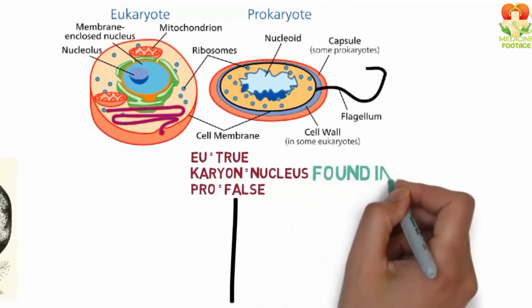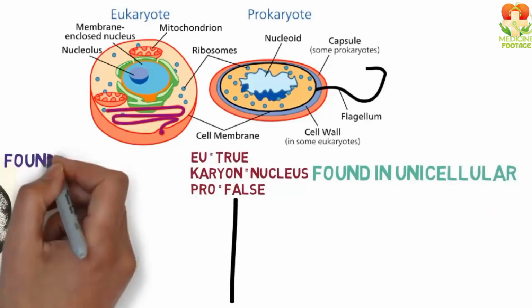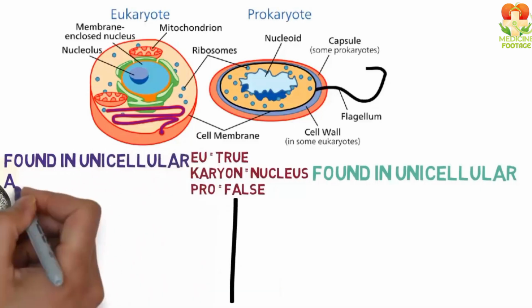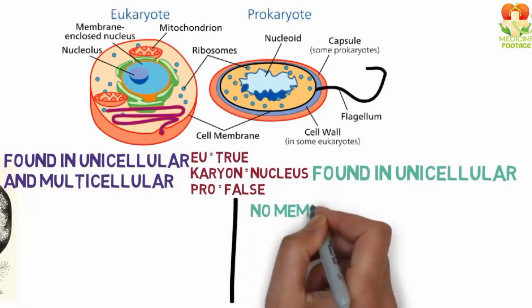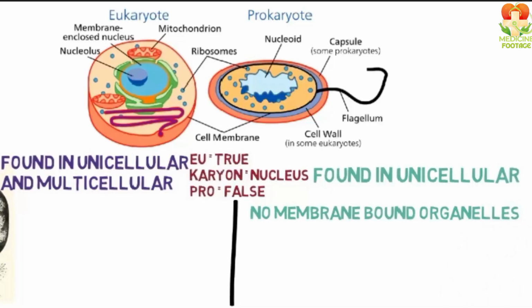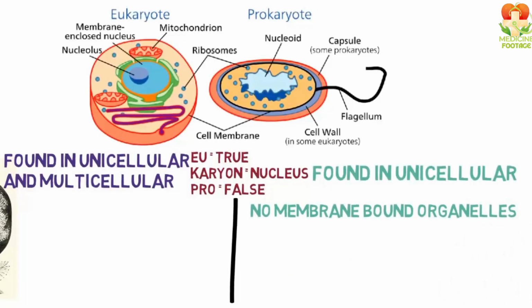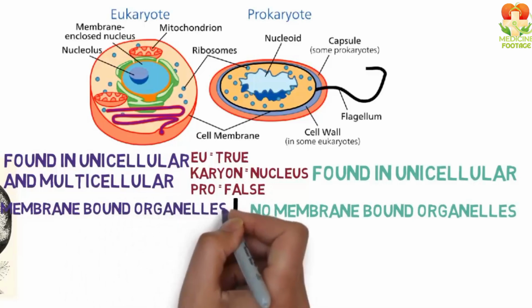Prokaryotic cells are found in unicellular organisms. Eukaryotic cells are found in both unicellular and multicellular organisms. Prokaryotic cells do not contain any membrane-bound organelles, such as mitochondria and endoplasmic reticulum, etc. Eukaryotic cells contain membrane-bound organelles.